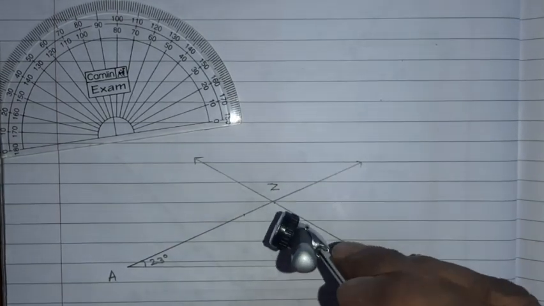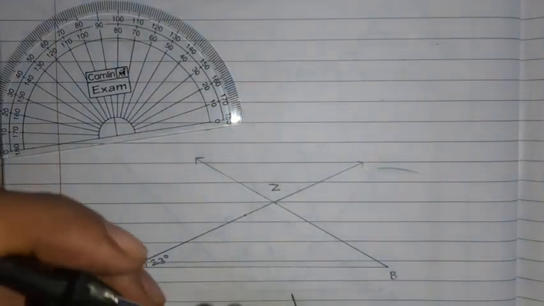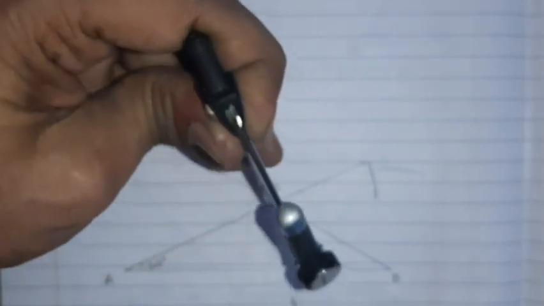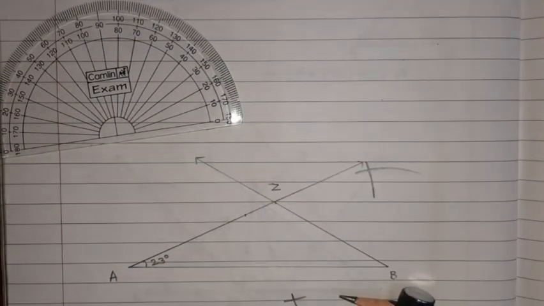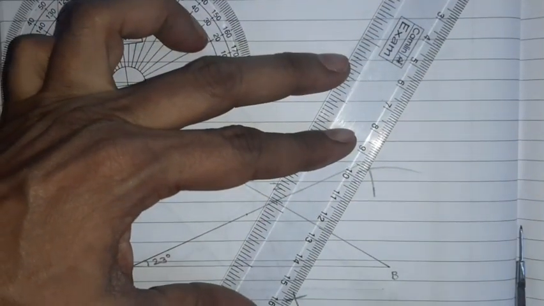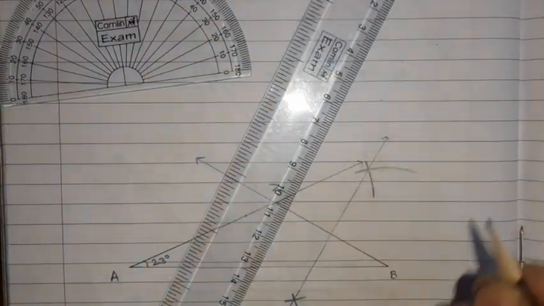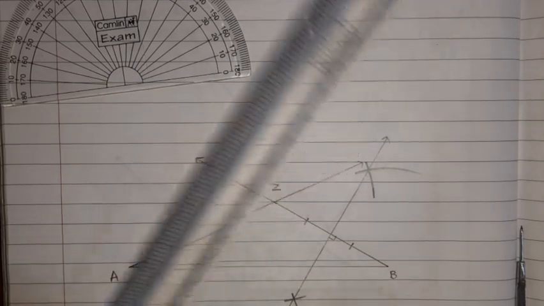Put the metal point on here, make one arc here, another arc here, then here it is perpendicular bisector of this ZB.